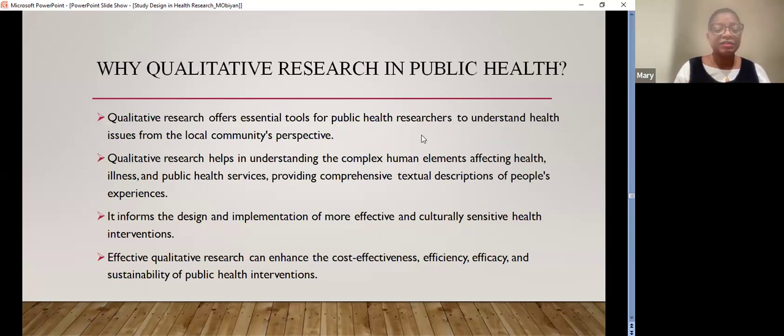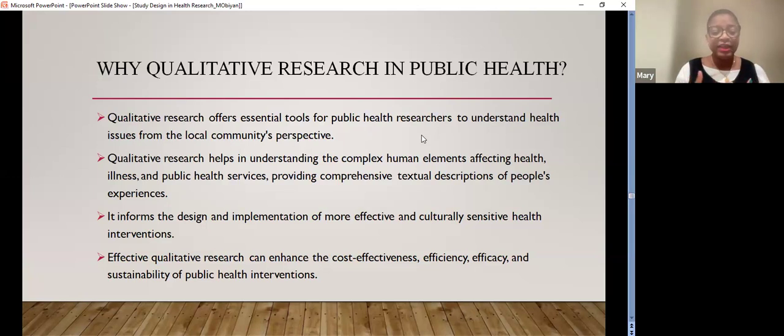So why qualitative research in public health? Qualitative research offers essential tools for public health researchers to understand health issues from the local community's perspective. It helps in understanding complex human elements affecting health, illness, and even use of health services.